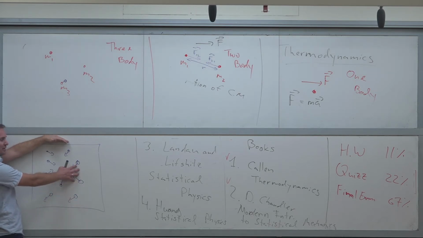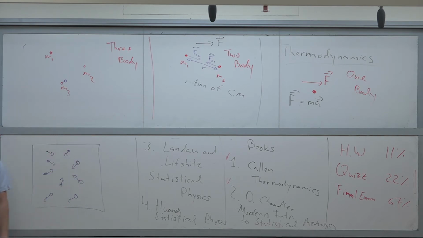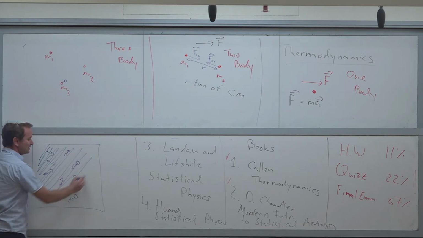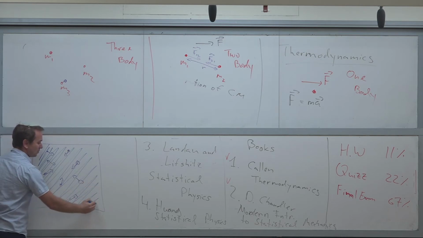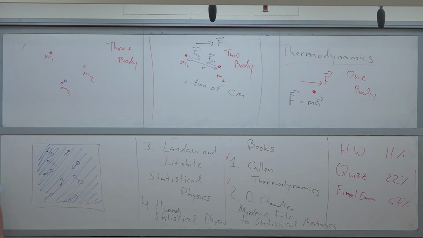Thermodynamics deals with the system where the chaotic motion of all the particles is such that I'm starting to forget about the single particles inside the system, and I'm saying I will have some sort of average behavior of all those particles inside. I do not discriminate all the particles.